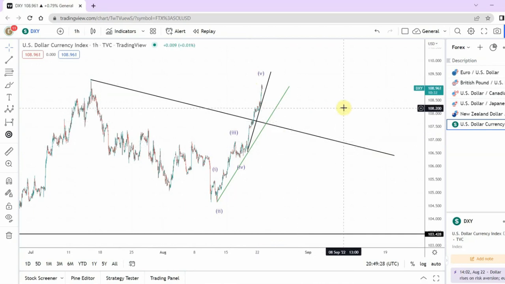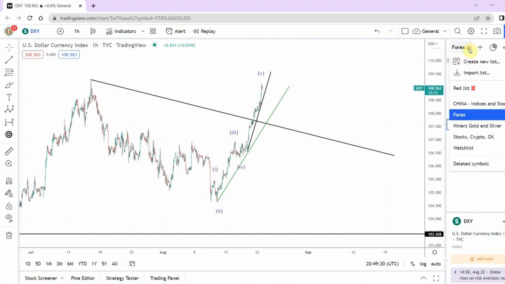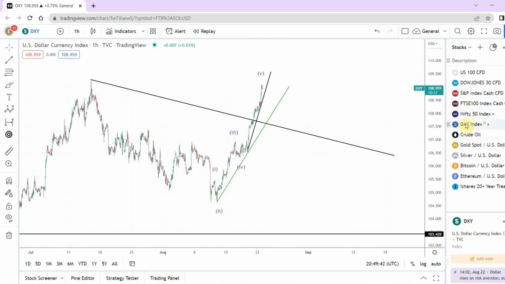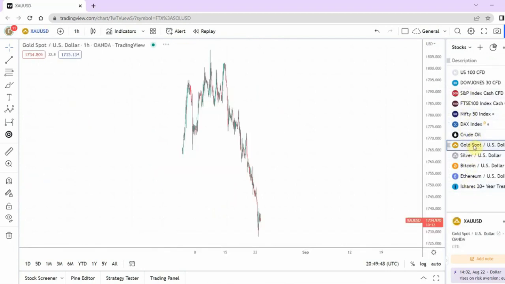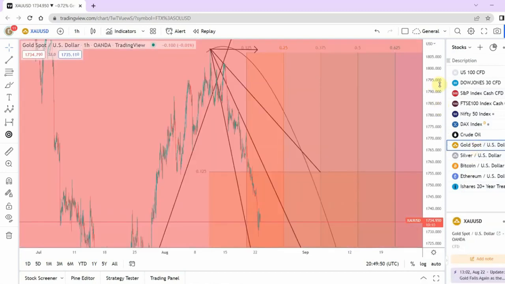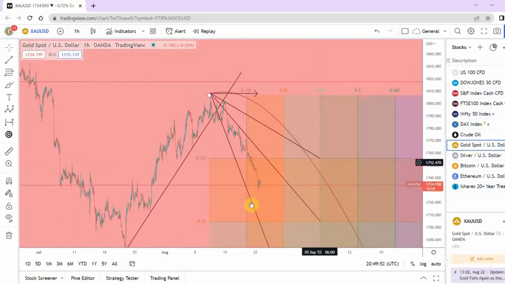And gold, let me have a look at gold. Gold, I think, is right now moving along with the Japanese yen. Stocks, crypto, well, this is one. Let's have a look at gold. All right, here it is, and I'm expecting a deeper price movement for gold right now too.